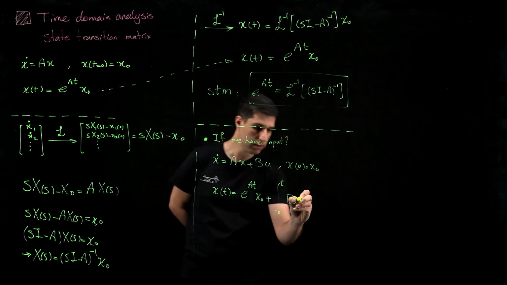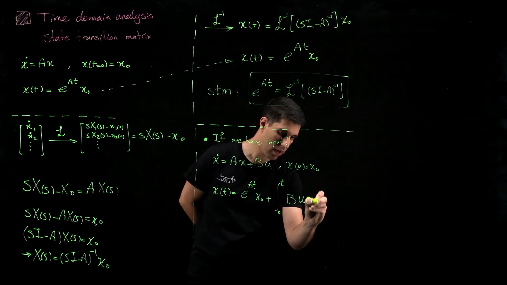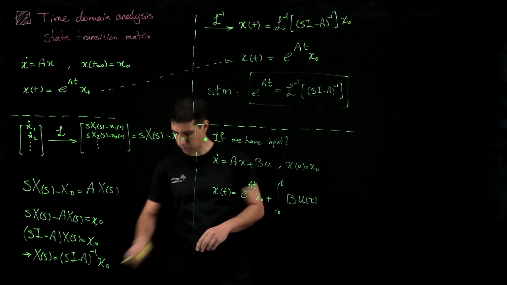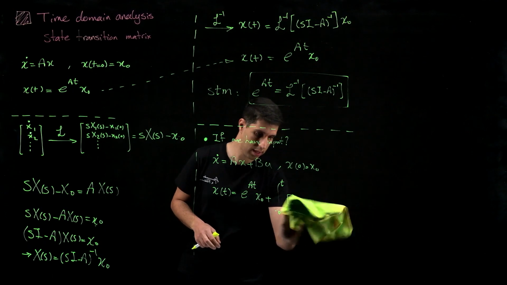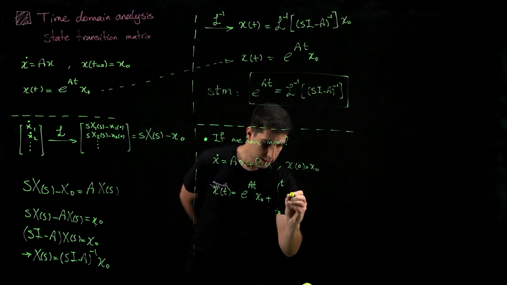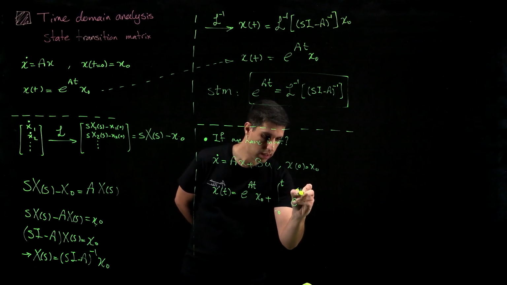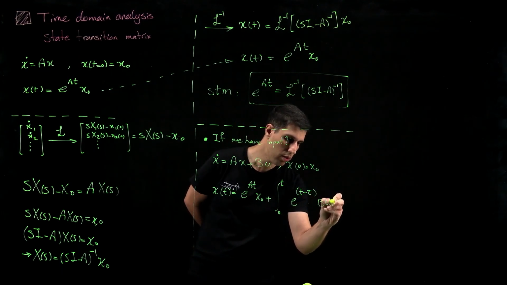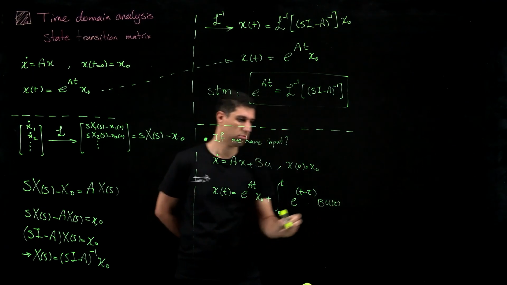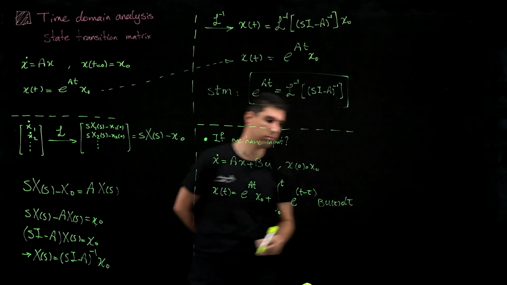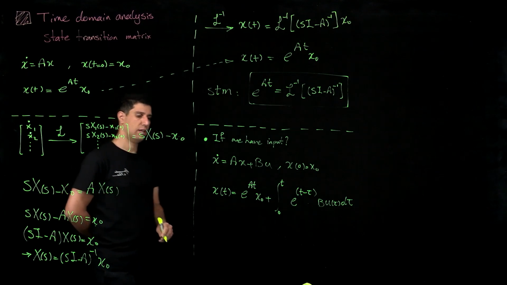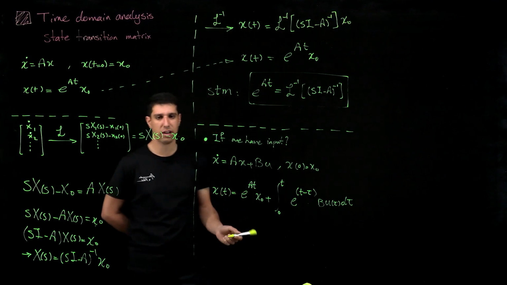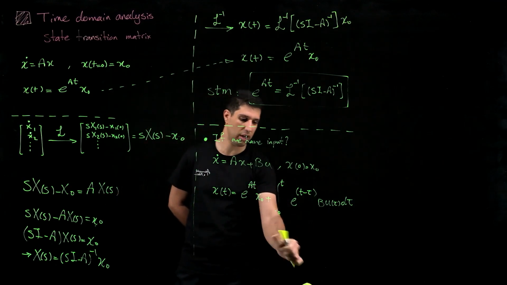B times u of tau. Probably this has to be on the other side. So e to the A(t minus tau), B u of tau d tau. I'm sure you have seen this before, at least I had a mini lecture on it.